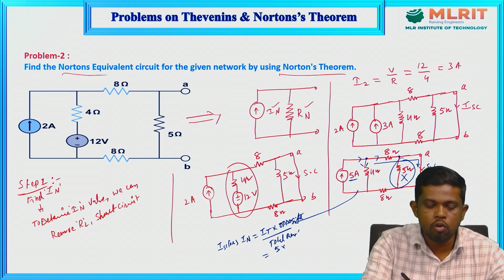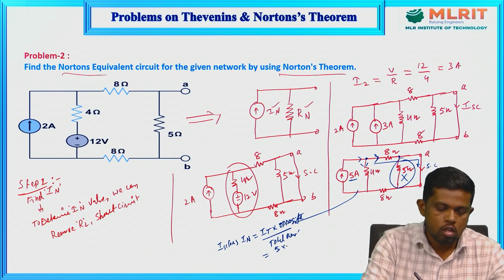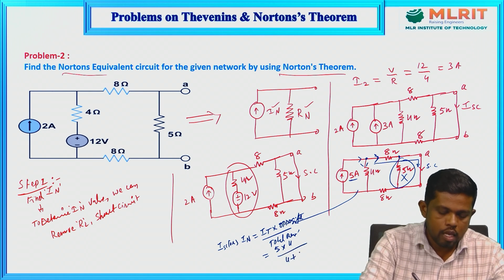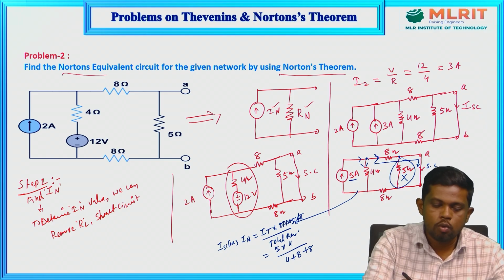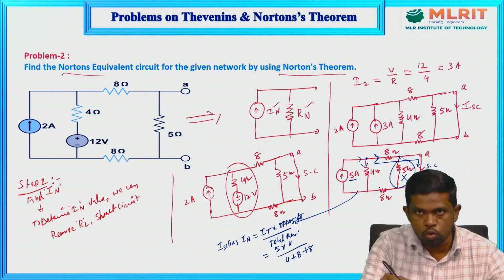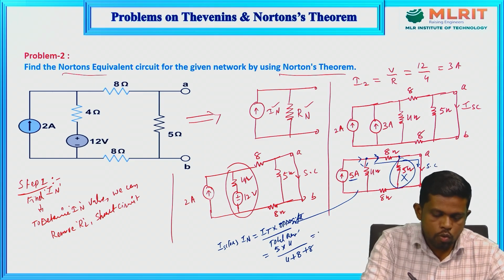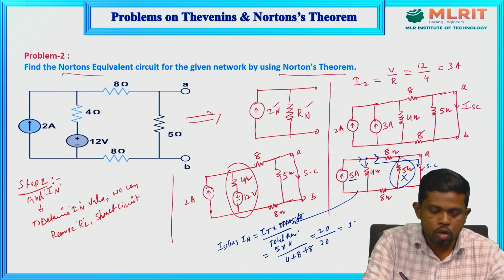That's why we need to find the current through this 8 ohm branch. The opposite of 8 ohm is only 4, so 4 divided by 4 plus 8 plus 8, because one more 8 is also there. Whatever current circulates towards the 8, the AB, and this 8 is called I Norton or short circuit current. So this value is 20 divided by 20, and we will get 1 ampere.